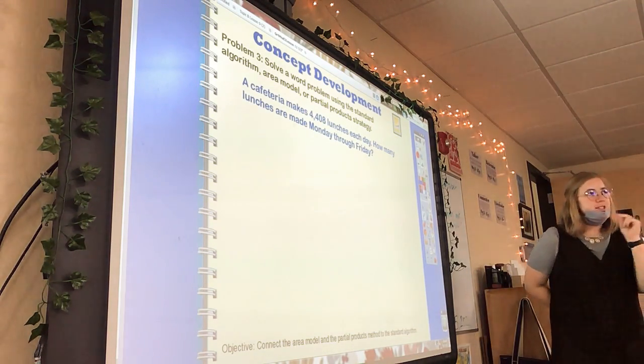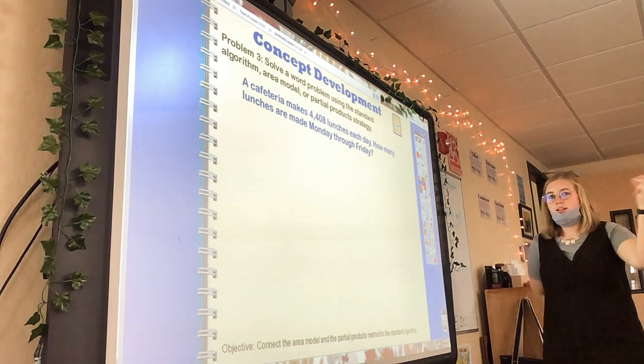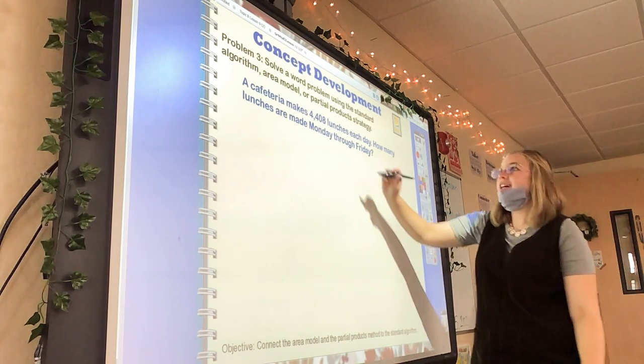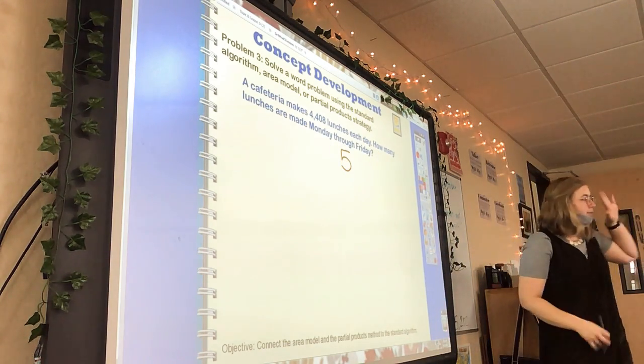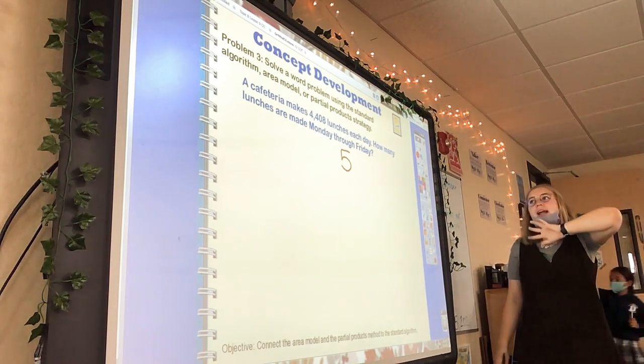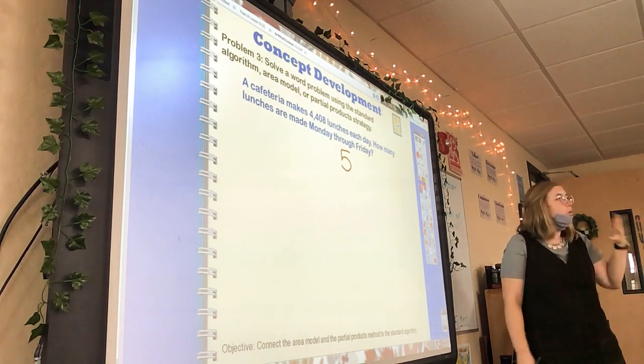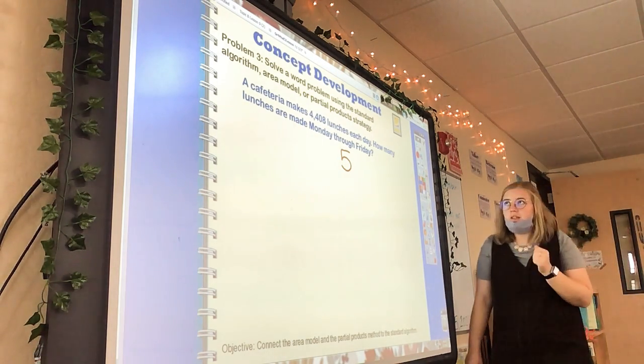When I snap my fingers, tell me how many days that is. 5. Good. So every day she makes this many lunches over 5 days. So we're finding out how much she makes in a school week.